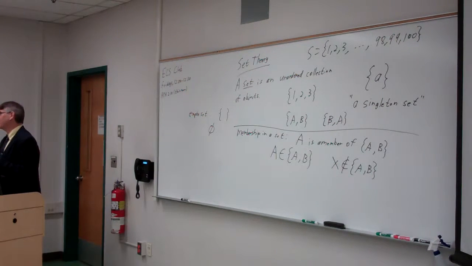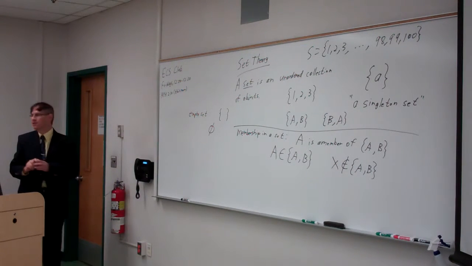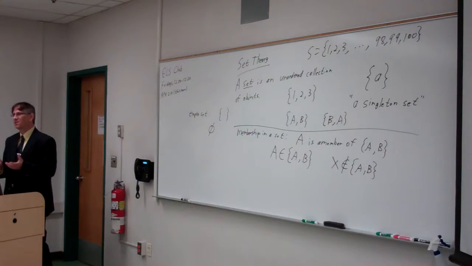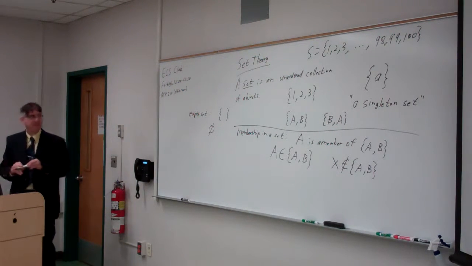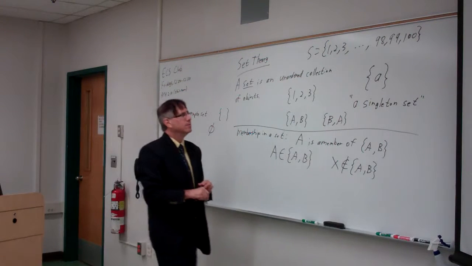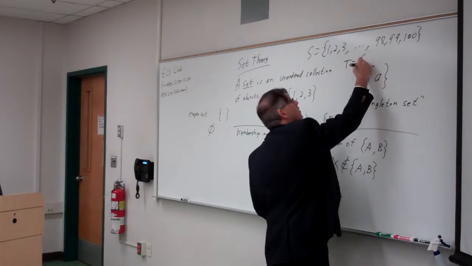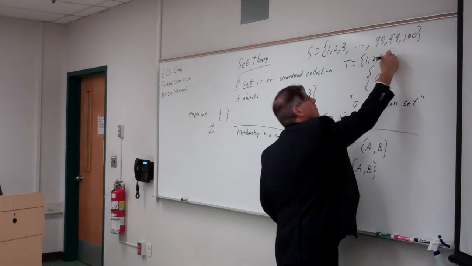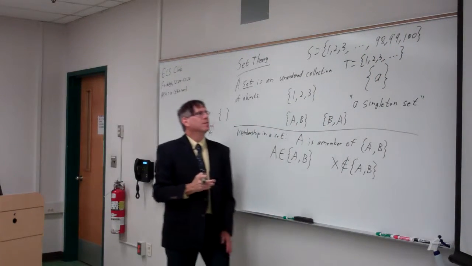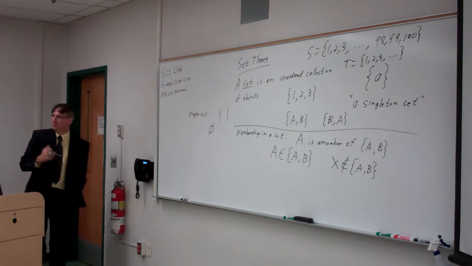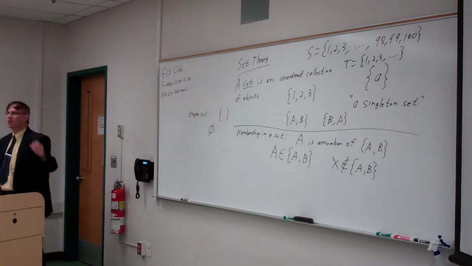But if you don't want to write all 100 numbers, you can use a shorthand like this. And so this set contains the first 100 positive integers. Or we could write something like this, which implies that it includes 1, 2, 3, but it keeps going, so it's all positive integers.